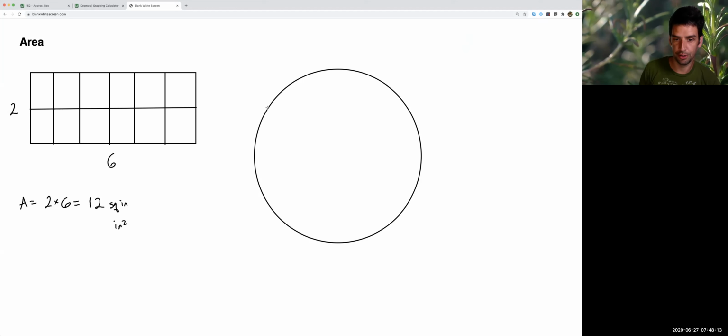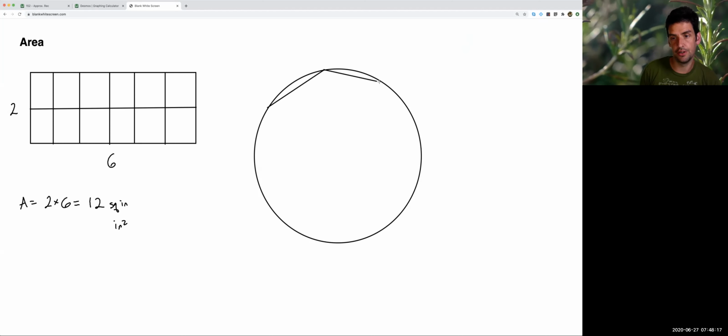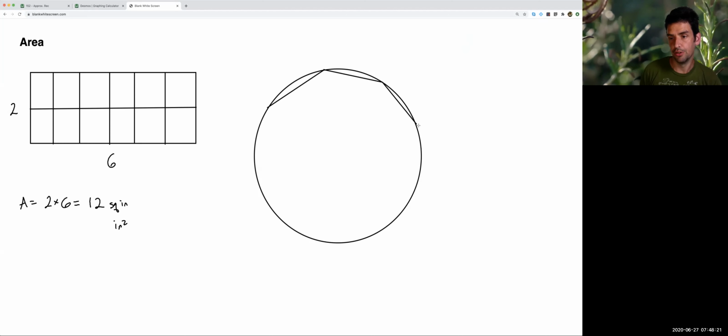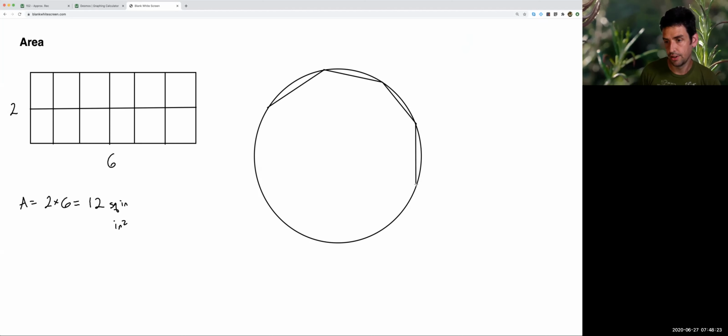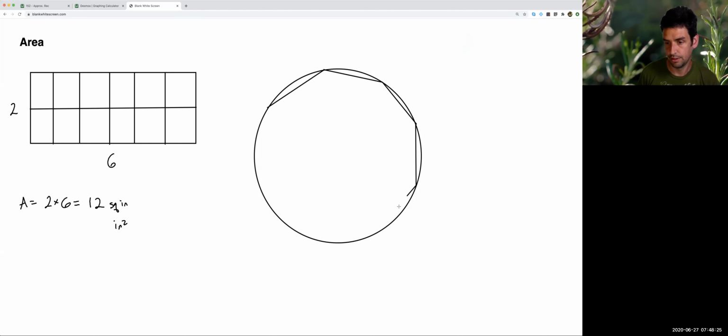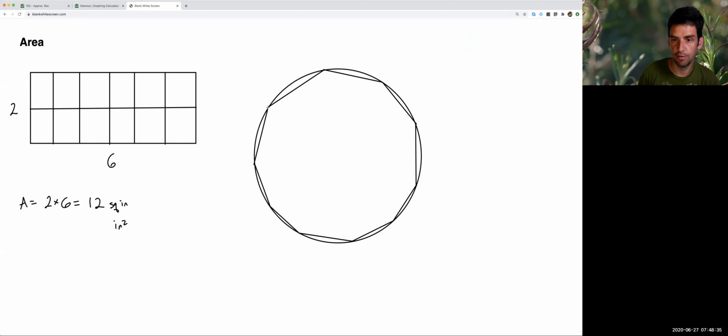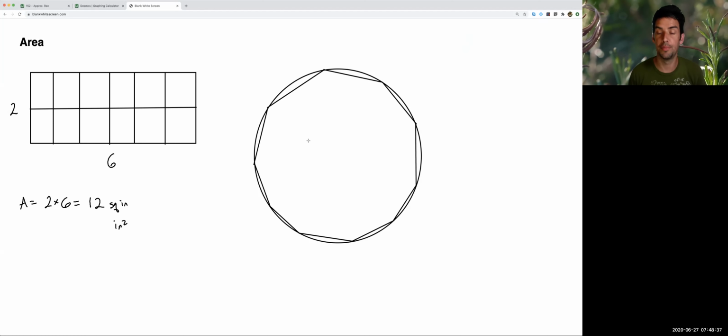I don't know who first came up with this method, but it's similar to what I've done with the rectangle. The idea being, you could take this circle and approximate its area by drawing a polygon inside of it. However many sides this has, that sided polygon.